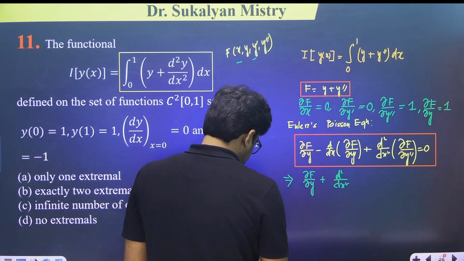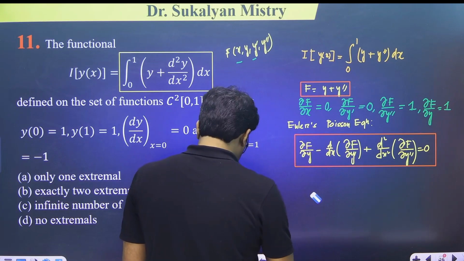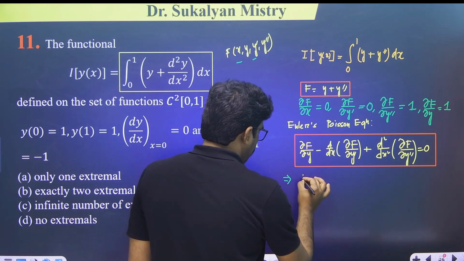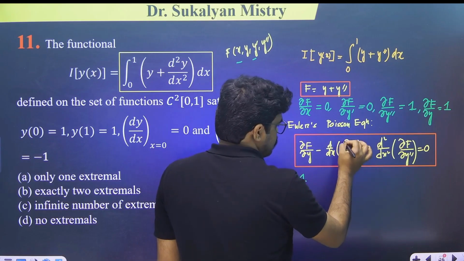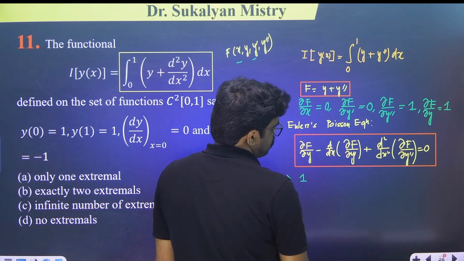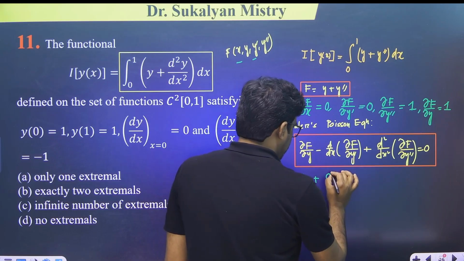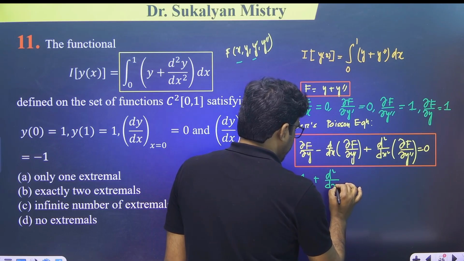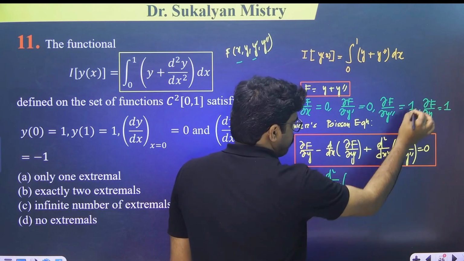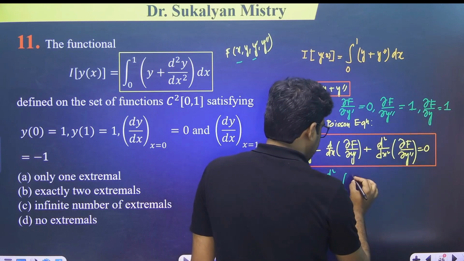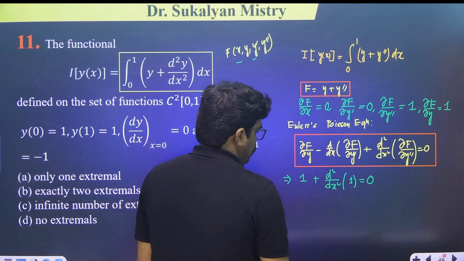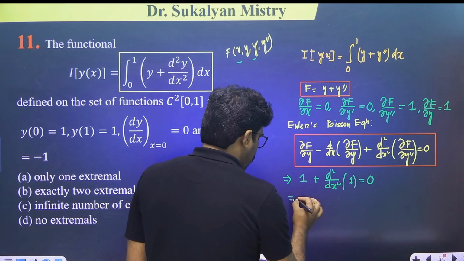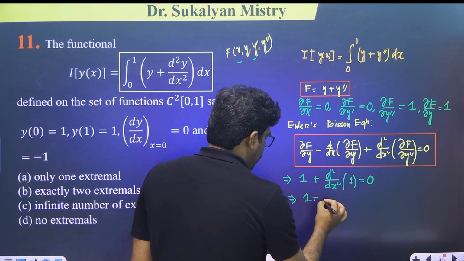Okay, so del f del y is 1. This is 0, del f del y dash is 0 plus d2 dx2 del f del y double dash, so this is 1. So ultimately this is 0. So what we get, 1 is equal to 0.